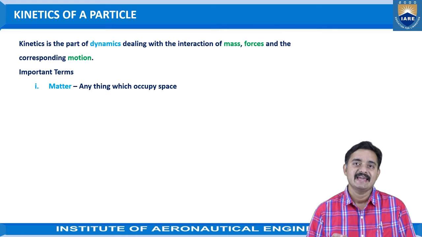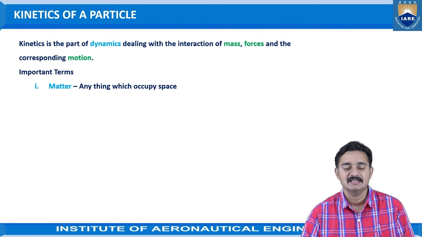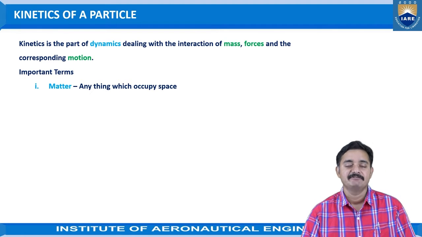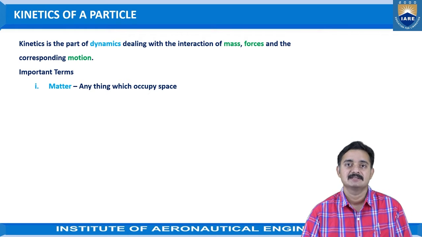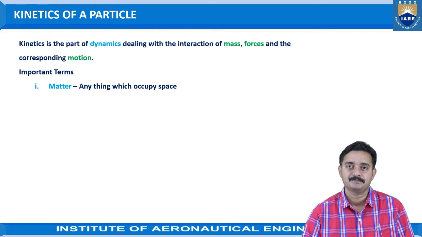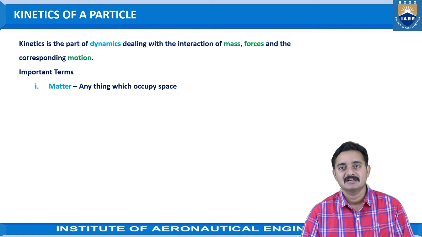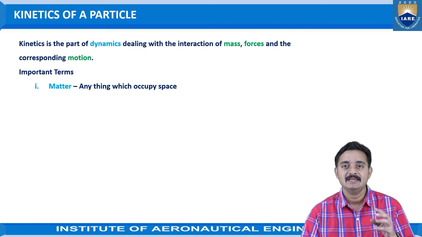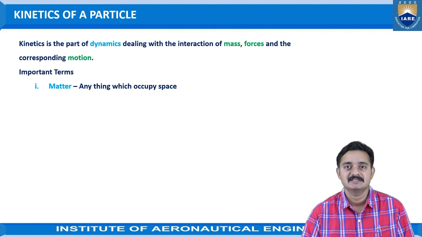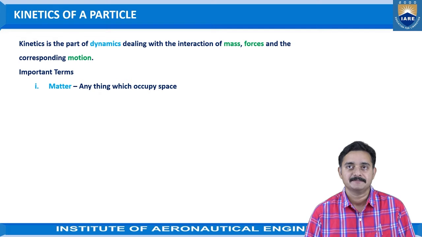We all know anything which occupies space is called matter. And we have seen different types of matter such as solid, liquid and gas. These are the three different types of matter that are present in the universe. So anything that occupies space is termed as matter.